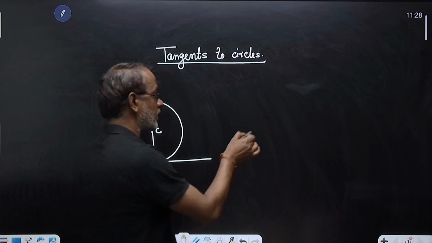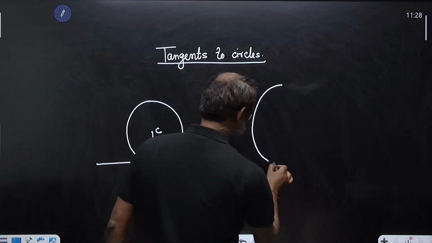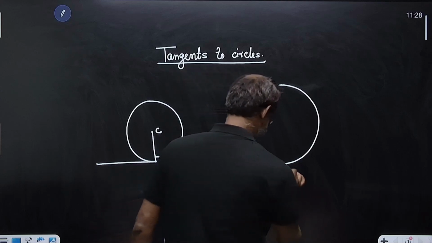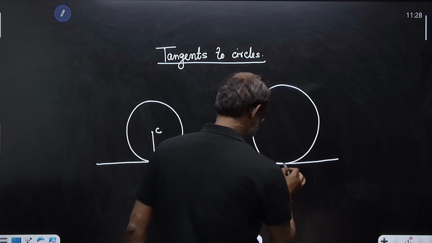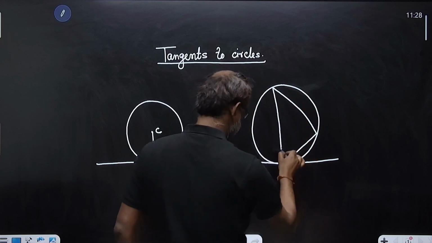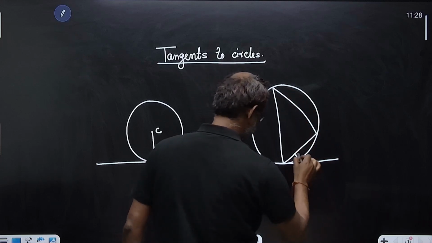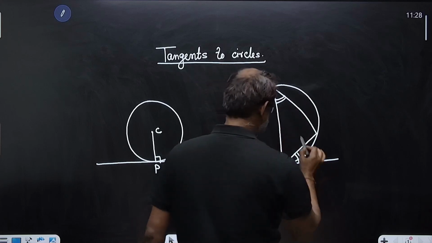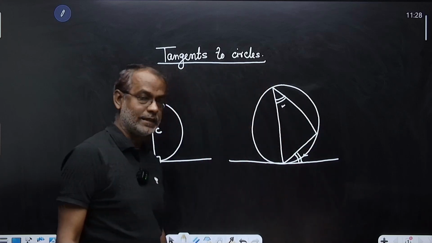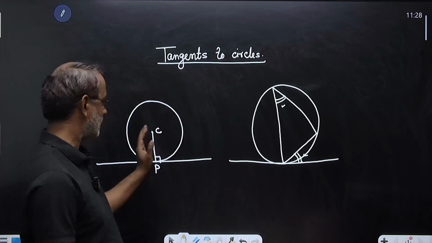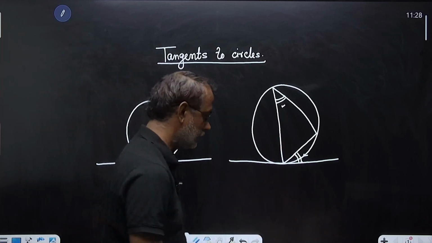This is what we covered, followed by angle in the alternate segment. This is basically just a recap of our last lecture. These are the things that we covered in the previous lecture.